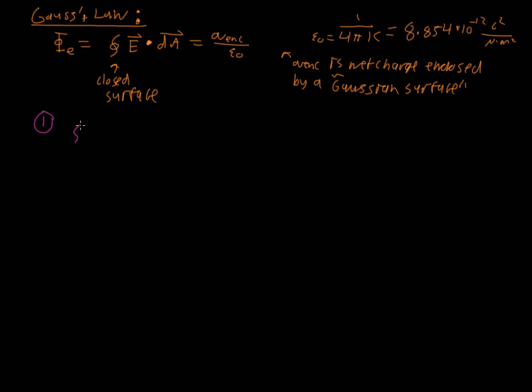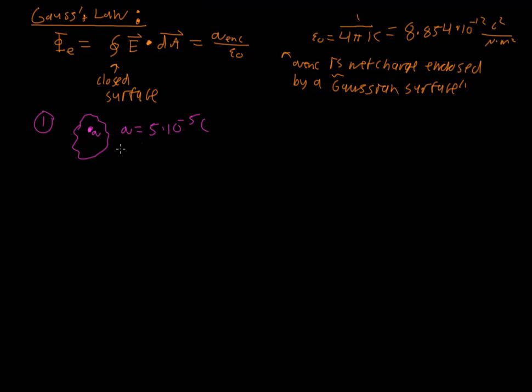So if I had some wacko closed surface like this, and I said that I have this point charge right here, Q, and Q is equal to 5 times 10 to the negative 5th coulombs. And I ask you, what is the electric flux of this surface? In this case, it would be exiting the surface due to the charge enclosed by it.